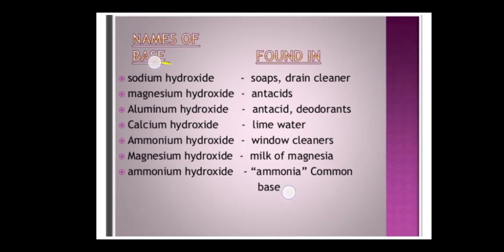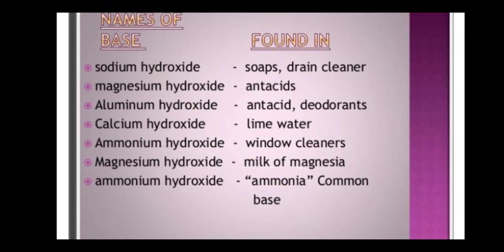Where will you find the names of bases and where are they found? First is sodium hydroxide, which you find in soap, and aluminum hydroxide, which you find in deodorants. There is calcium hydroxide, which you find in lime water, and magnesium hydroxide, which you find in milk of magnesia.